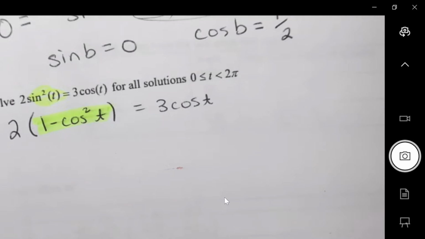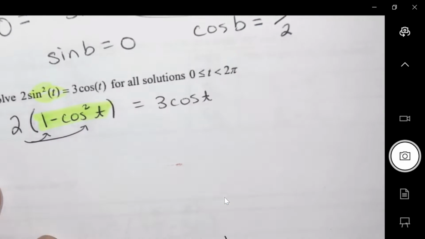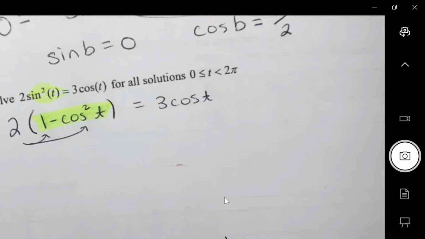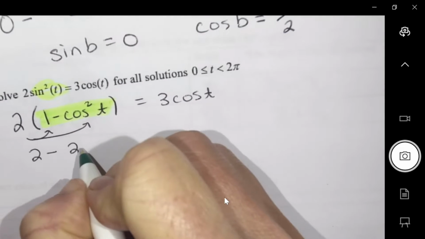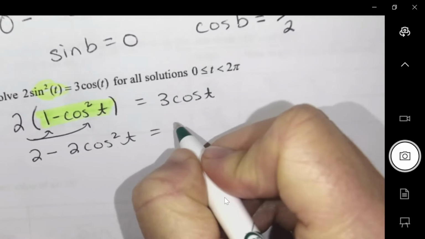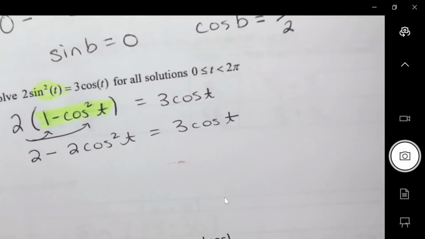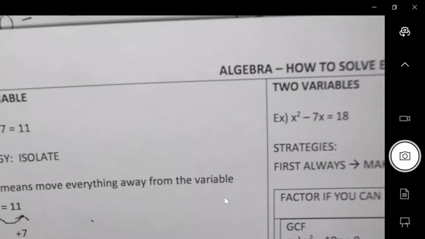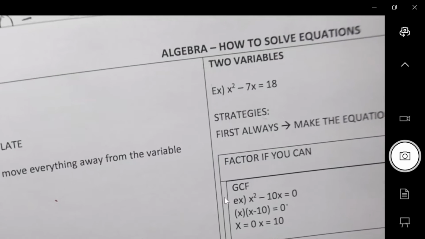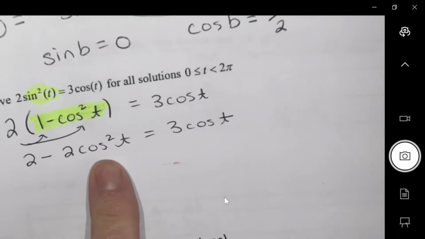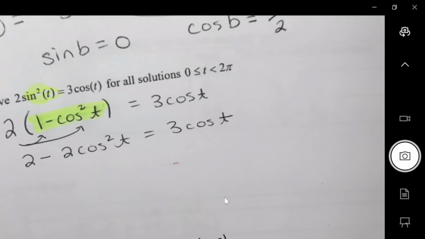So what I'm going to do now is do a distribution there, just some algebra moves. Now this is a point where I think about what to do algebraically. Well, I have two variables because I have cos squareds and coses. That's two different things. So equals 0.